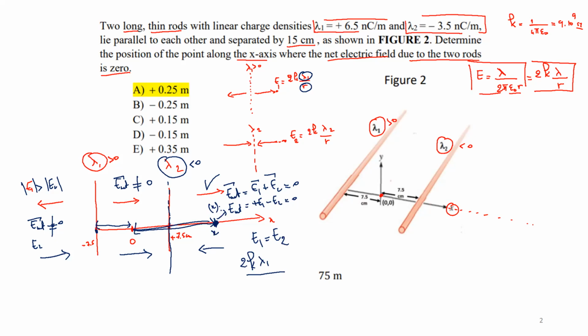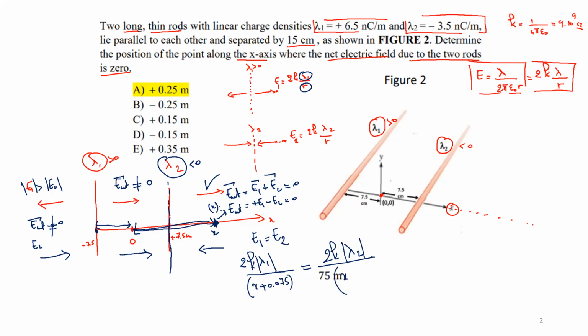So I will have 2k lambda 1 divided by the distance, and the distance will be x plus 0.075. And this should be equal to 2k lambda 2, I'm talking about absolute value, of course, because I'm talking about magnitude here, divided by the distance between x and the negatively charged rod.